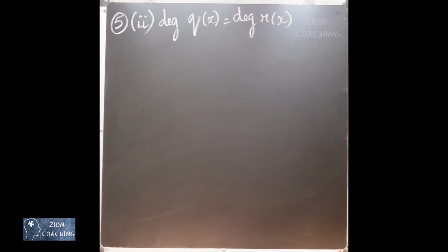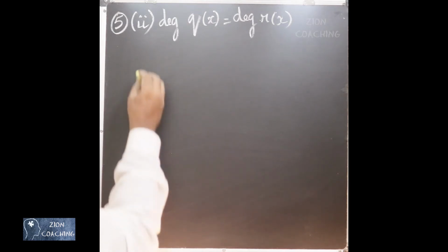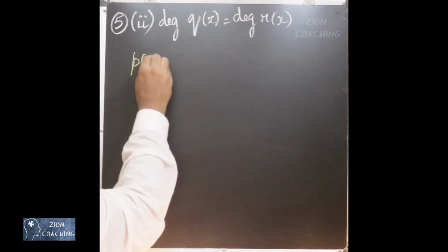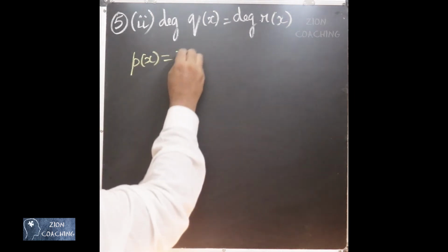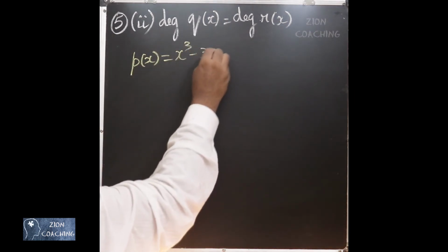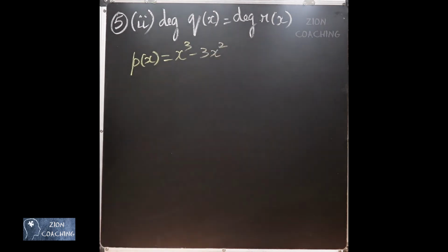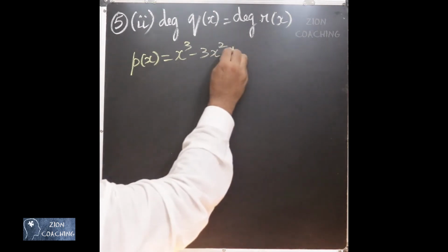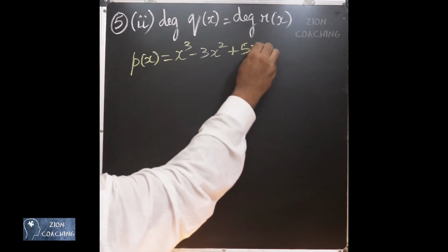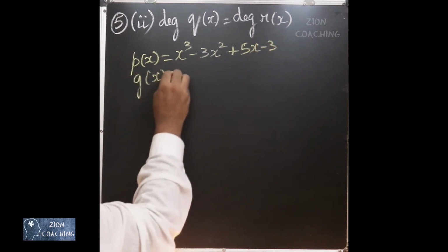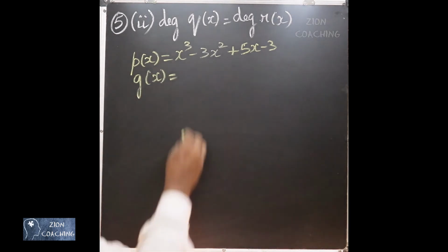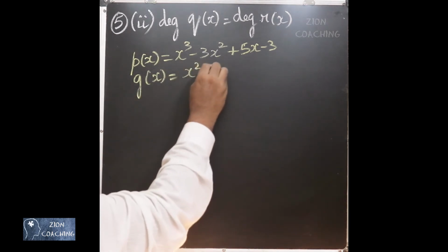Now in the same exercise 2.3, in question number 1, first subdivision, we had a problem where p of x is equal to x cube minus 3x squared plus 5x minus 3, and g of x is equal to x squared minus 2.